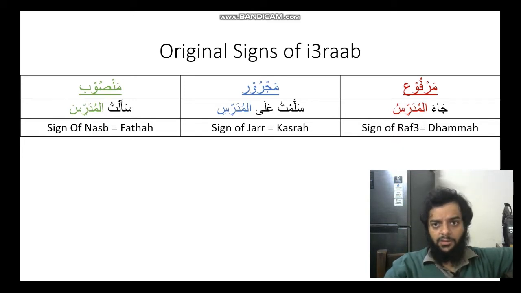The word that is in halat of rafa is called marfu, the word that is in the halat of jar is called majroor, and the word that is in halat of nasab is called mansub. So these are the original signs: dhamma, kasra and fatha. But there are secondary signs.